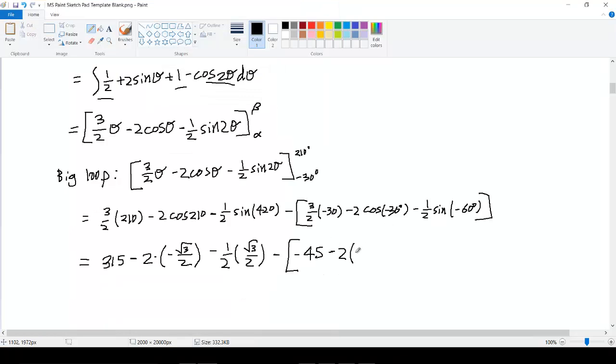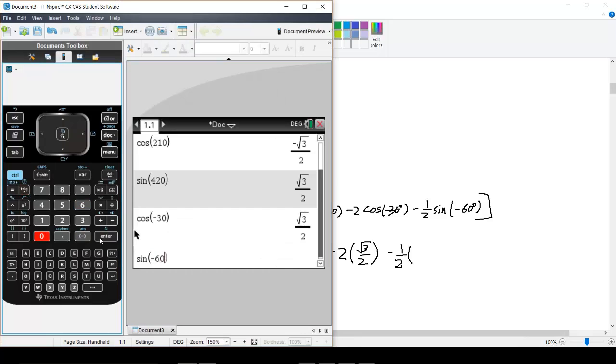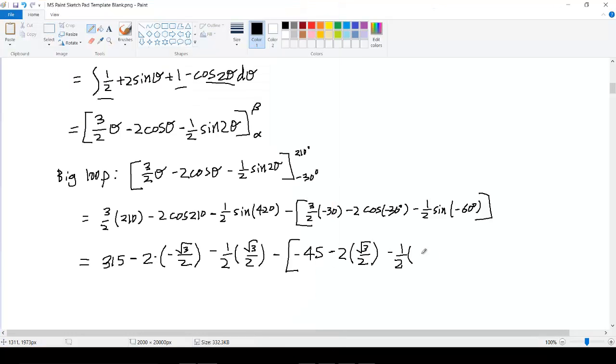It's root 3 over 2, minus 1/2 sine of minus 60, that's negative root 3 over 2.